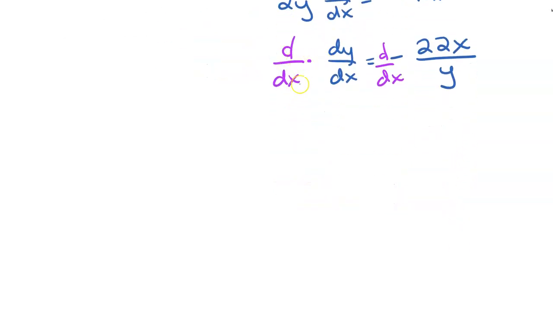well, d dx of dy dx is, if you look at just this part by its lonesome, you'll see the two d's go together and the dx go together. So this is how they get that notation of d squared y over dx squared. Technically, this is what happens.